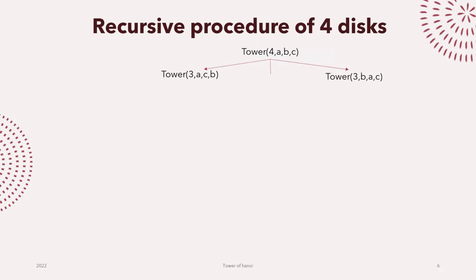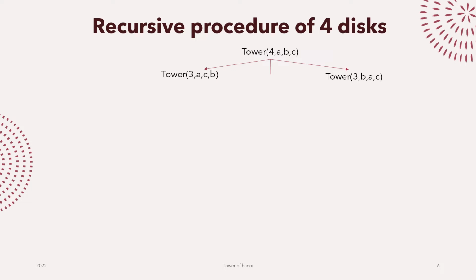One is n minus 1, and this function will contain the swap of the auxiliary disk with the destination disk parameter, and the other function is swap with auxiliary disk with source disk parameters.